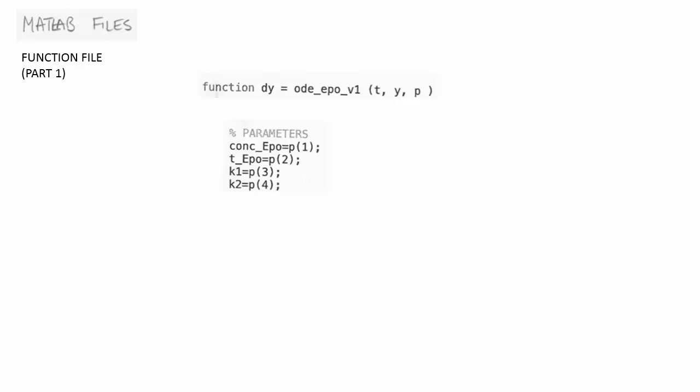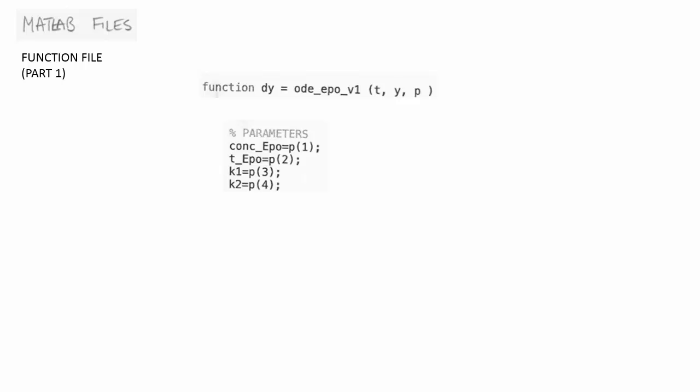And that parameters object is going to take the parameters for our reaction, so the reaction rates, the concentration of EPO, and also the time at which EPO is introduced to the system.